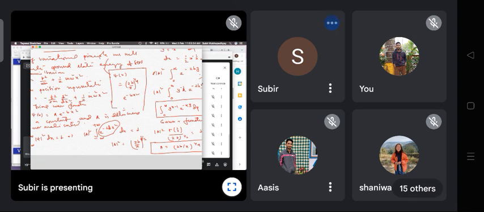This is our trial wave function. With this trial wave function, next we will calculate the expectation value of the Hamiltonian. Up to this it is clear. We will come back to the gamma function. Let us finish this calculation first.